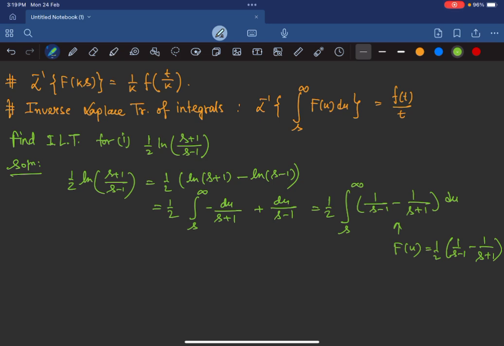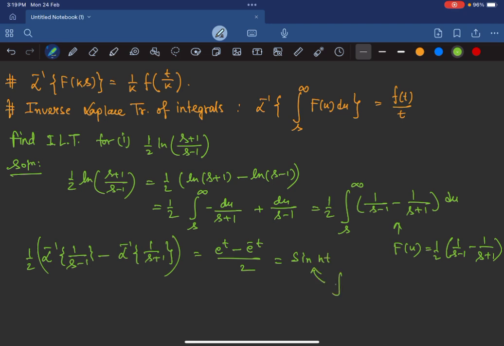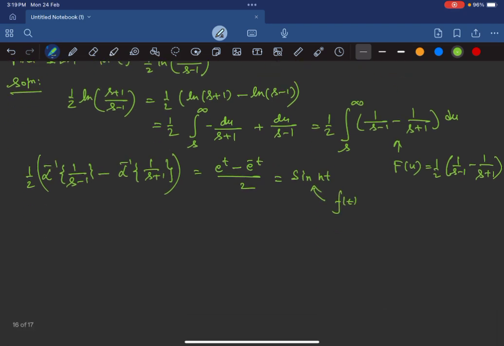Okay, so if you apply L inverse over this, you will get half [e^t - e^(-t)], which is nothing but sinh t. This is your f(t) function.